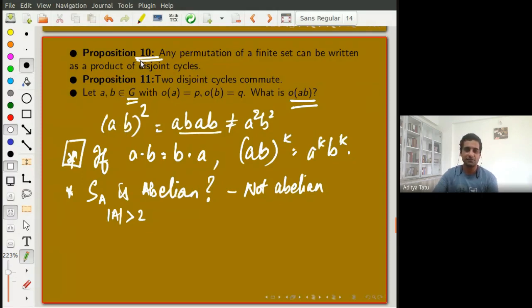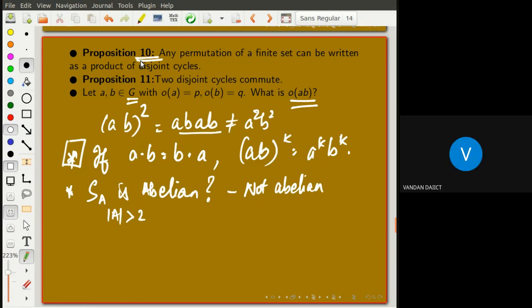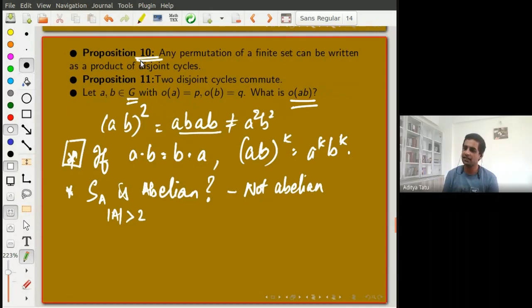Proposition 10 guarantees that any permutation can be written as disjoint cycles, and any disjoint cycles commute, so it is easy to find the order.